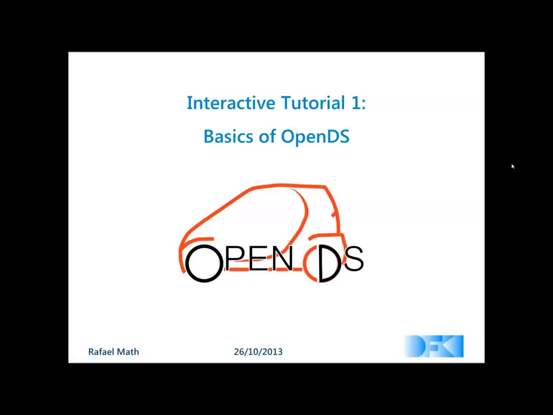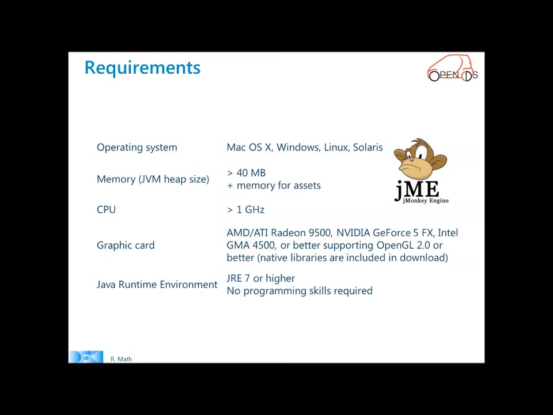You should have at least 40 megabytes of memory for the jMonkey engine, plus the memory for the assets. So this will be a lot more for the larger models, as they might have a file size of, let's say, 400 megabytes or even more.